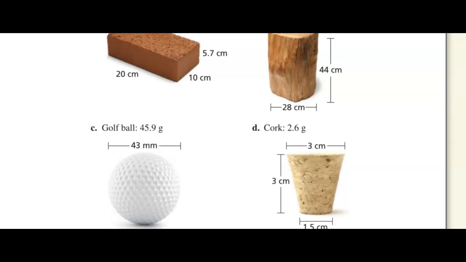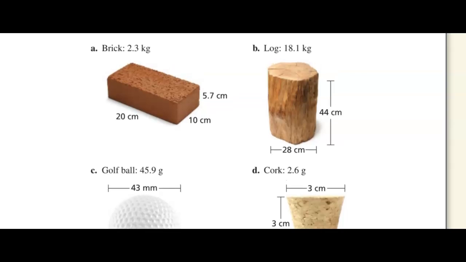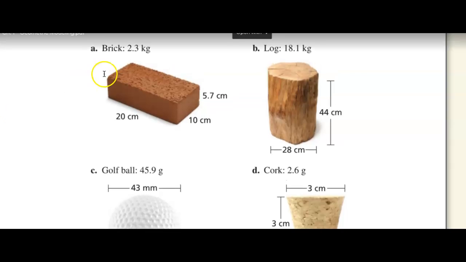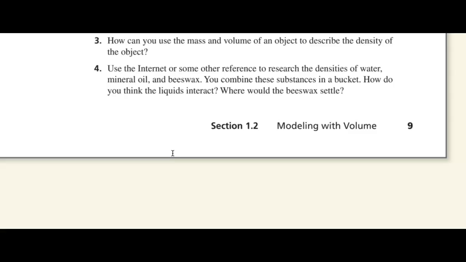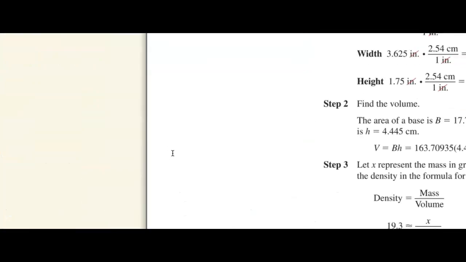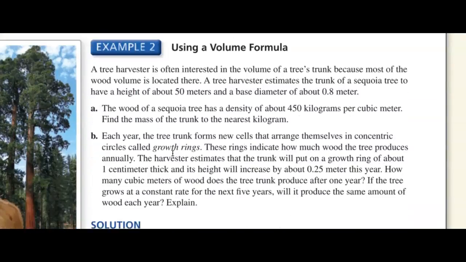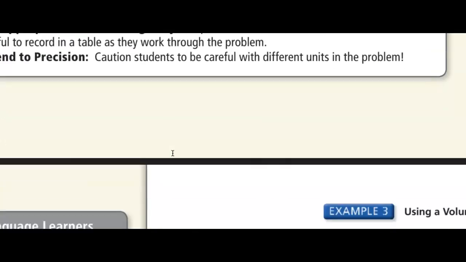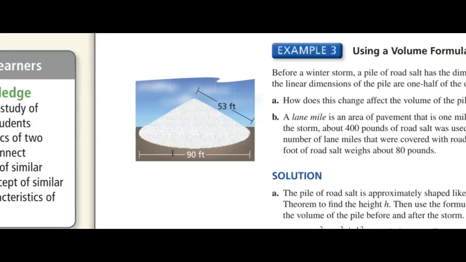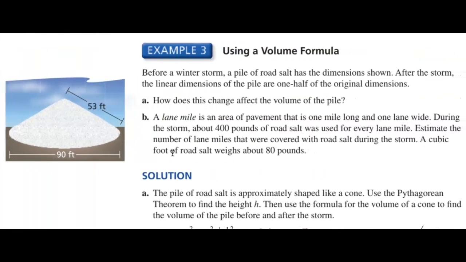And the idea here is that you need to figure out what the density of each is. They give you the weight of each one in kilograms or grams, and then they give you the dimensions. And so you have to figure out volume. So the one thing that maybe is a little bit tricky, or that you may have forgotten and need to remind yourself of, is what the equations are for volumes of different solids.